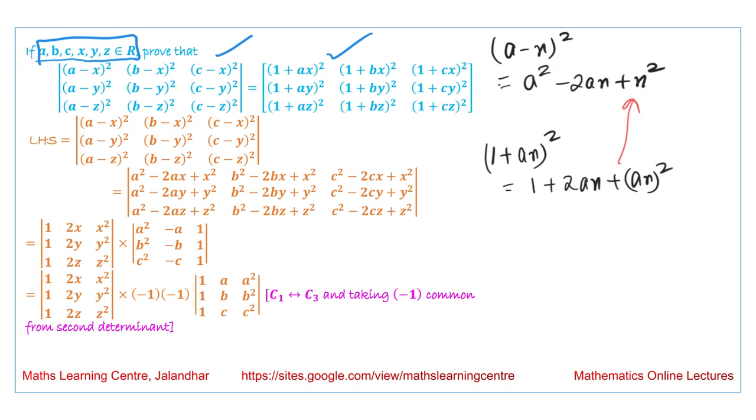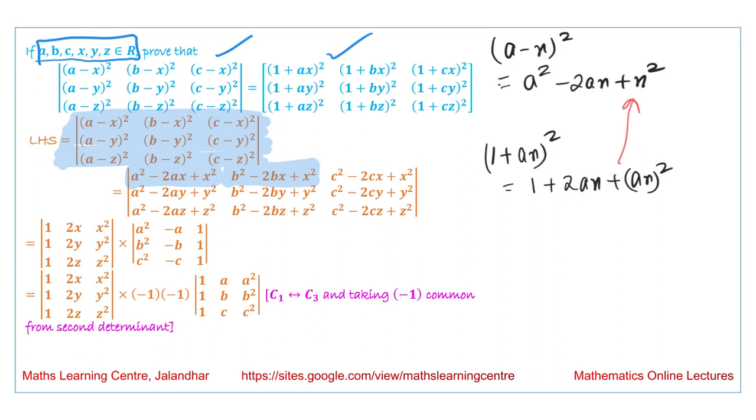So we start solving this by opening the whole square of all these terms. This is the given determinant, and we have opened the whole square of all these terms. It is a minus x whole square, we write it as a square plus 2ax plus x square, b square plus 2bx plus x square. And this determinant we can write as the product of two determinants.